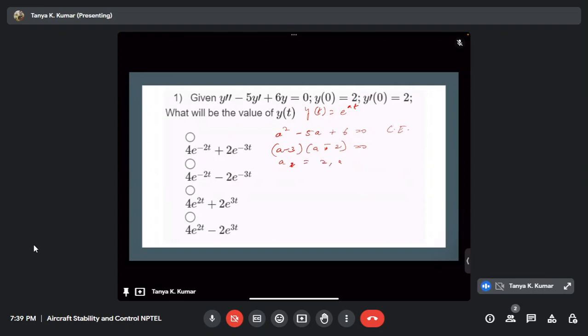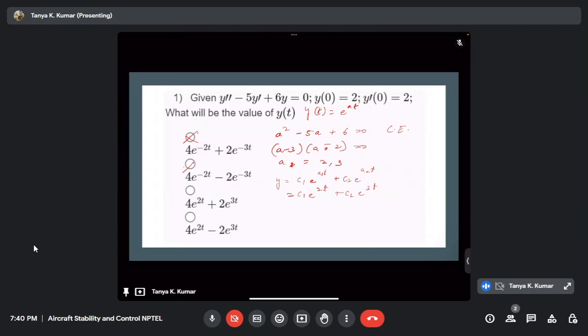And what is the solution? y is equal to c1 e power a1 t plus c2 e power a2 t, that is c1 e power 2t plus c2 e power 3t. So straight away you can eliminate two options. It's not this, it's not this, it's one of the last two. Now using your initial conditions, find c1, c2.